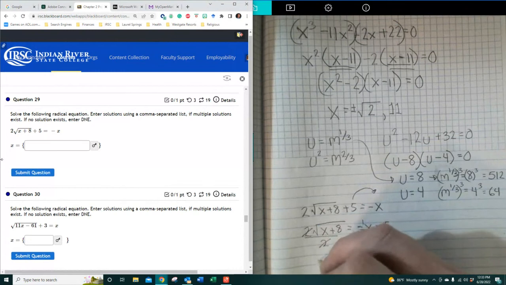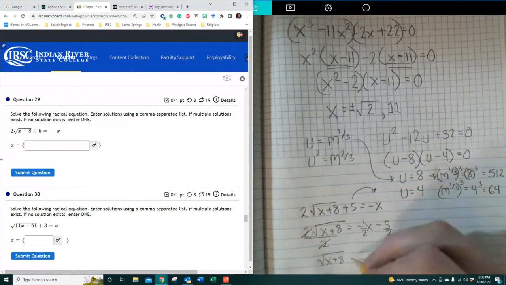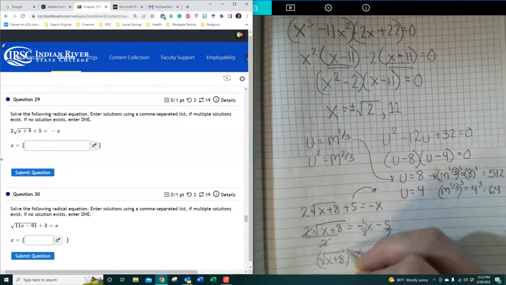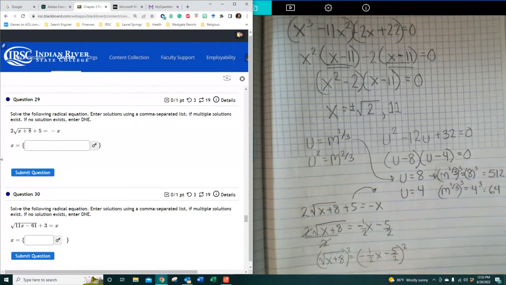Once we've done that, we need to get rid of this radical. So we need to raise both sides to the 2nd power. This will go away, leaving us with x.